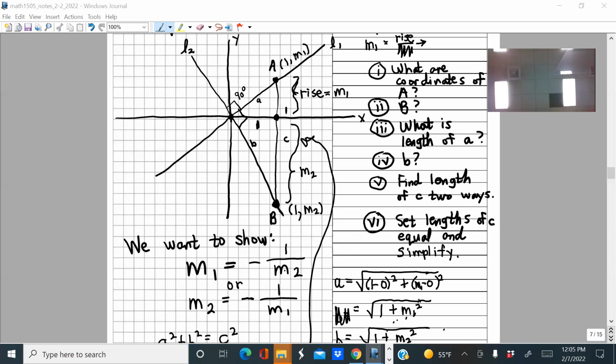So you should be able to calculate that vertical distance really easily, right? It's just going to be this distance and this distance added together, right? But what is this distance?